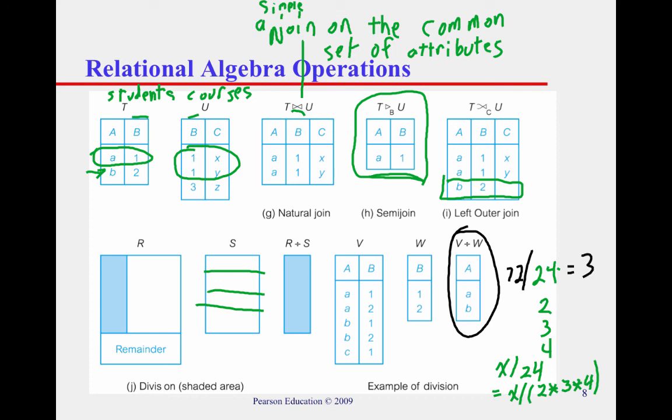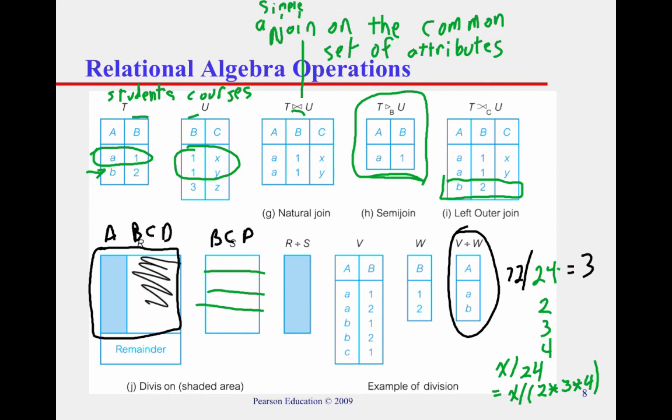So it's kind of what the quotient is. So if this is R with these columns, say A, and let's say this is B, C, D, and this is B, C, D, when you divide, it eliminates the common columns, and what's left is the so-called quotient, which is any of the remaining columns.